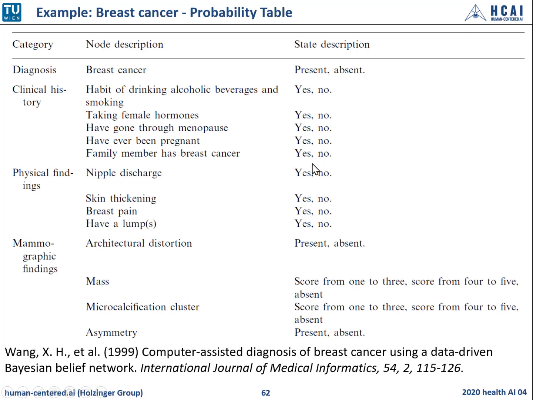In this slide, we see the features, including 5 factors from the patient history, 4 factors from the physical examination, and 4 factors from the mammographic findings, here distortion, mass, asymmetry, and so on.